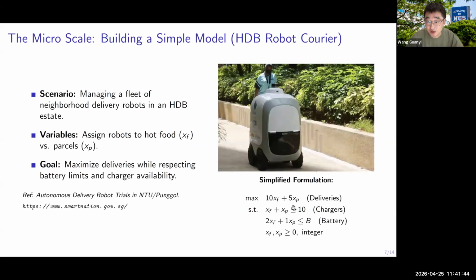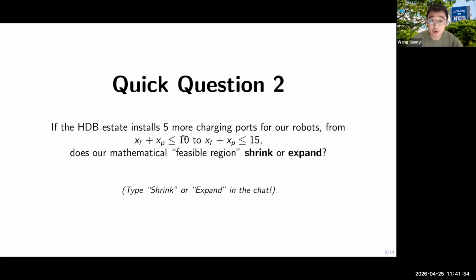For this constraint, the first decision variable plus the second decision variable is less than or equal to 10 charges. Now we have 5 additional, so the constraint is no longer upper bounded by 10, but improved to be upper bounded by 15.